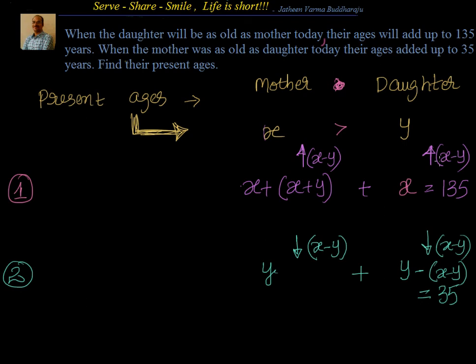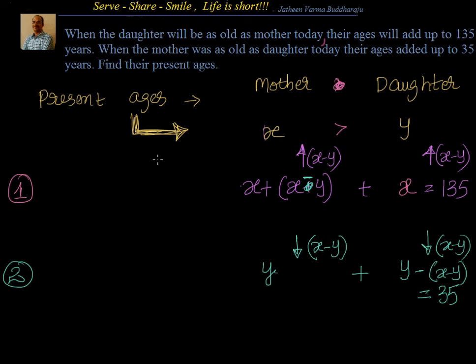So I have to add X minus Y on both sides, so that the age of mother will become X plus X minus Y and the age of daughter will be X. In this condition, the ages add up to 135.